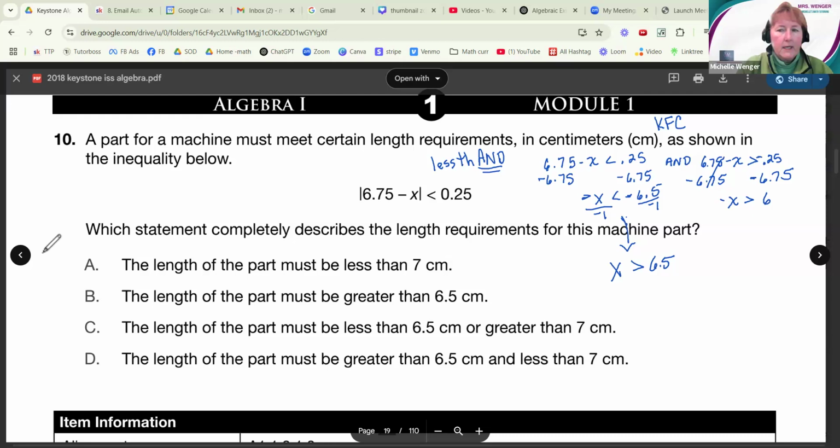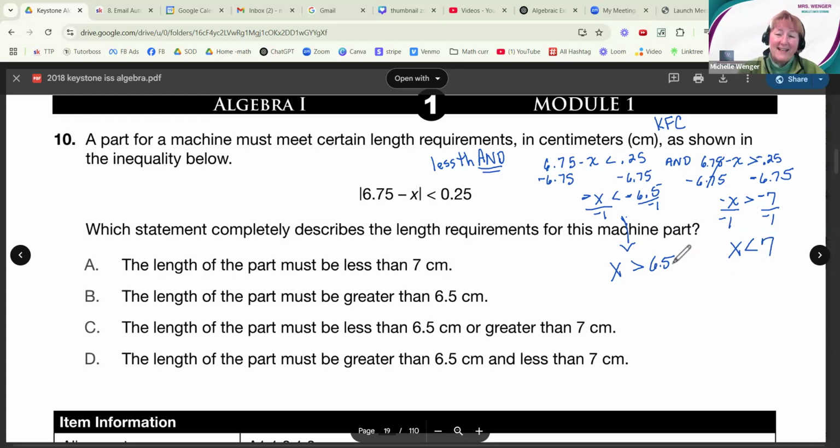Actually, it will be 7. So that will be -7. And then when I divide both sides by -1, that makes that a positive x. Then we flip the sign when we're dividing by a negative number. So that makes that less than, and then -7 divided by -1 is a positive 7.